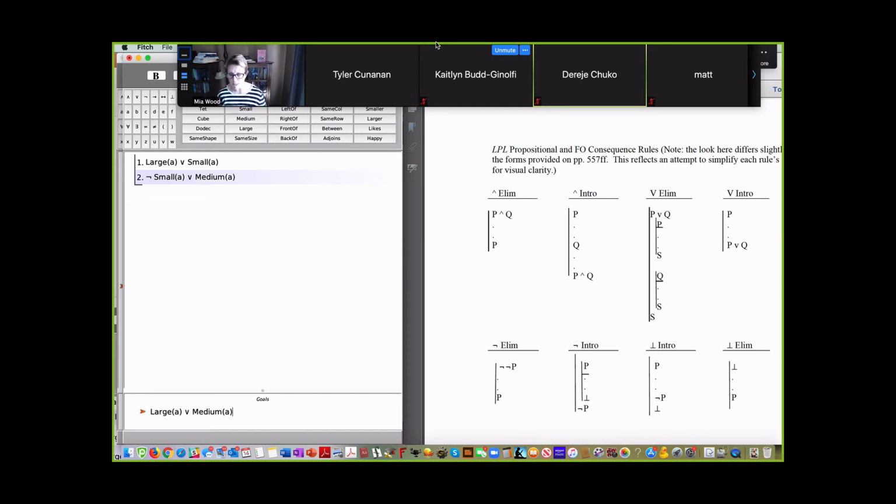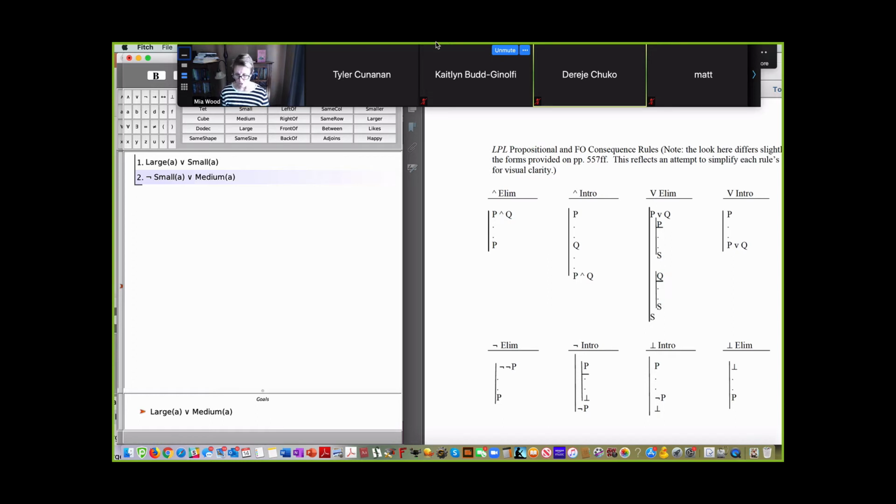Now, you can probably see that the constituents of sentence one and the constituents of sentence two involve an implicit contradiction, right? So A is small contradicts the sentence A is not small, right? So we know that those two effectively cancel each other out, which means then that A is either large or medium. That's our conclusion, right?